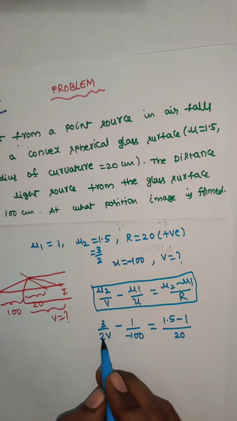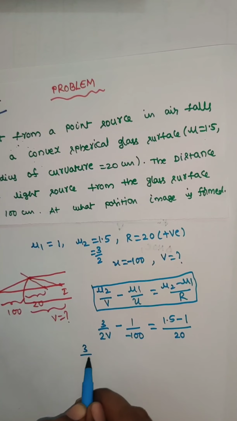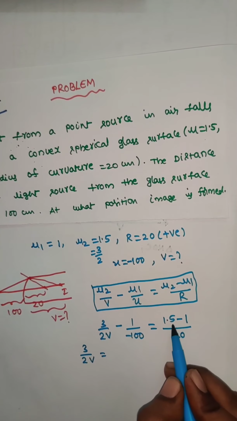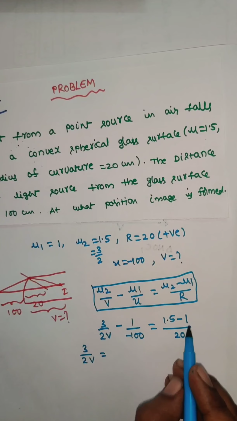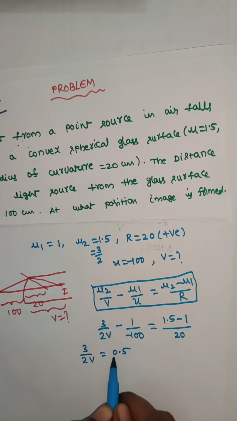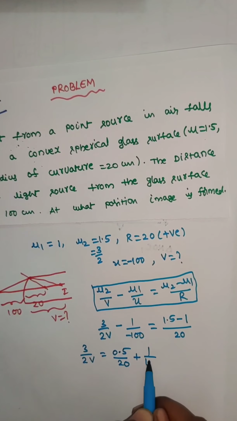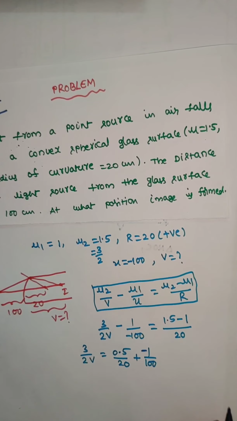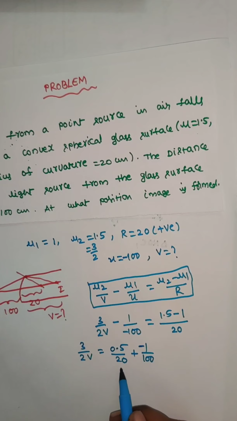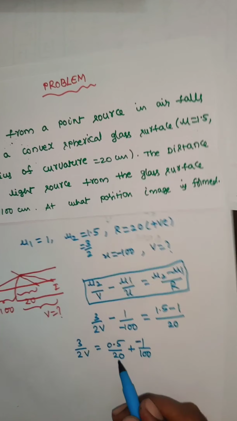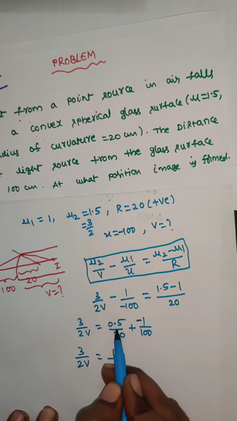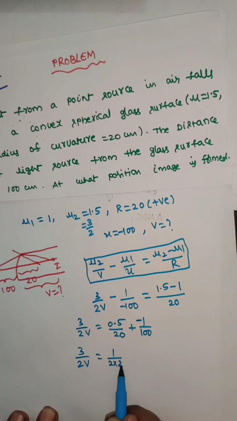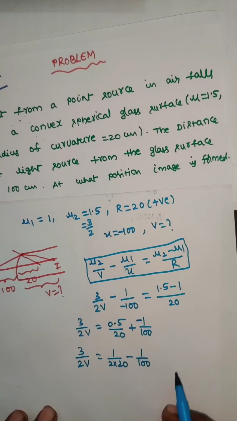If you calculate, 3 by 2V is equal to 1.5 minus 1, so 0.5 divided by 20, minus 1 by 100. 0.5 by 20 we can write as 1 by 40. So 3 by 2V is equal to 1 by 40 minus 1 by 100.